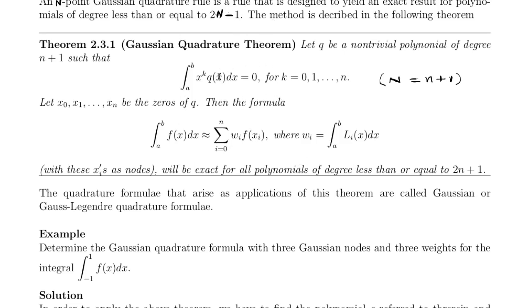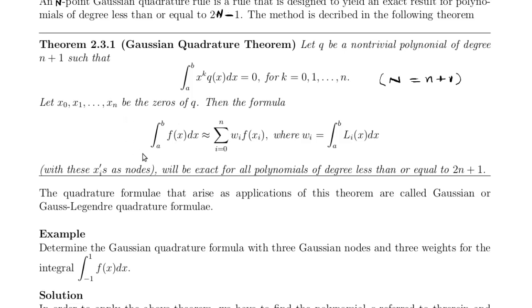So this condition is imposed in order to define the coefficients of a polynomial of that degree. If you have a polynomial of degree n plus 1, by using such an integral, it will give us a system of equations that will allow us to determine the coefficients.